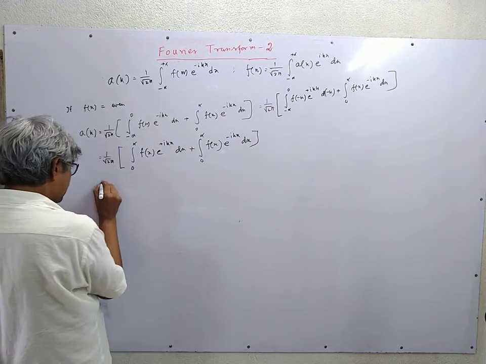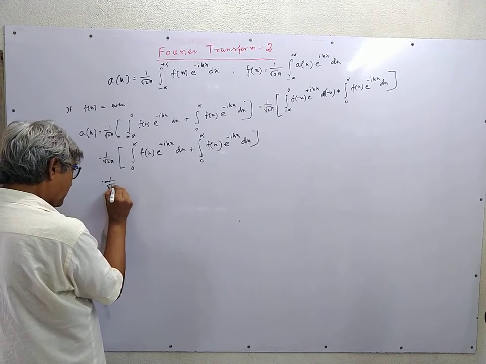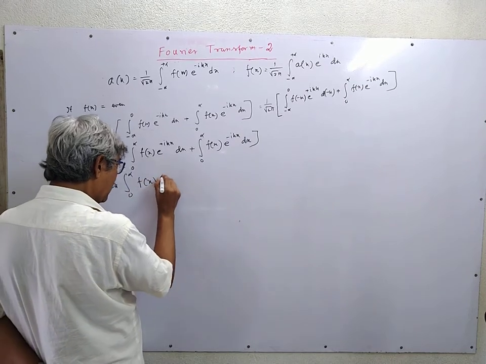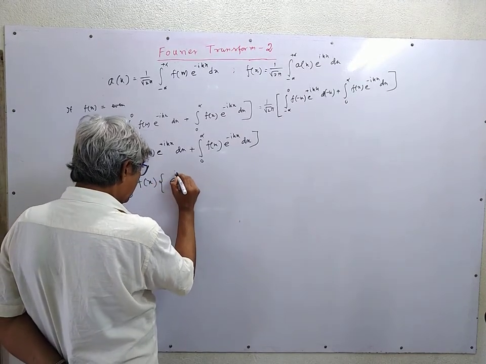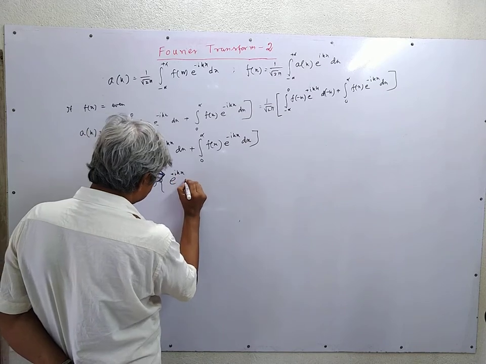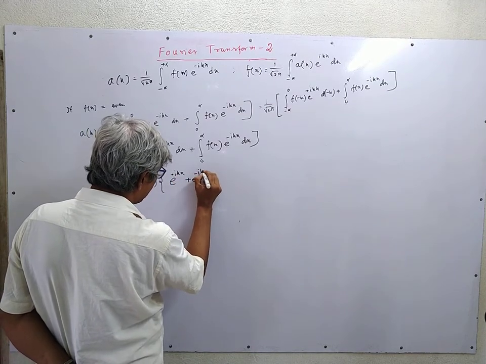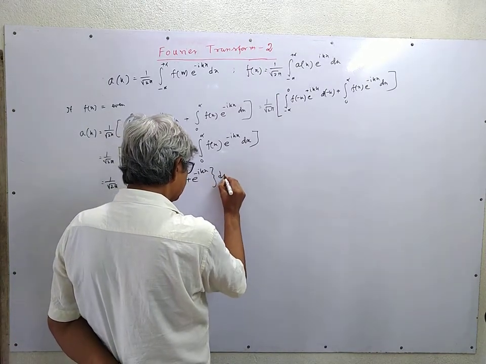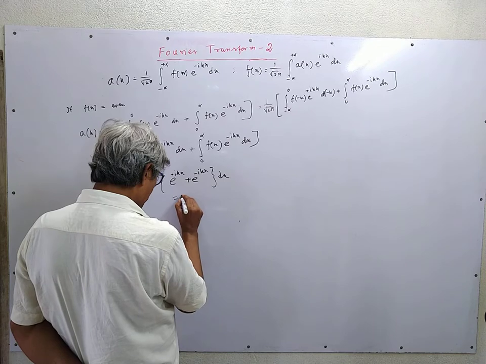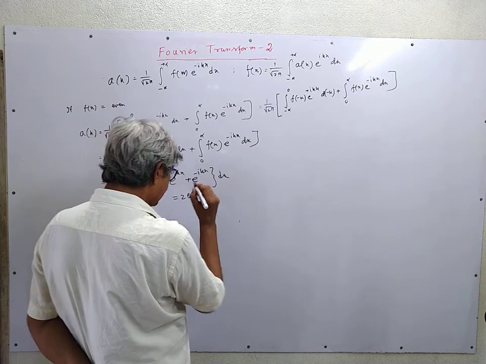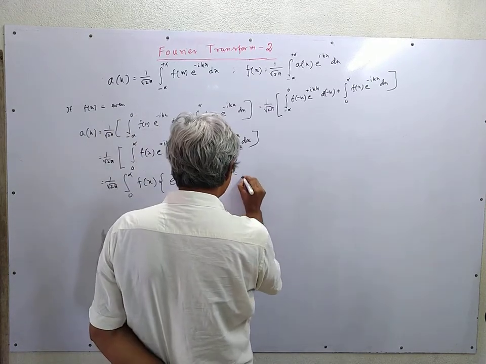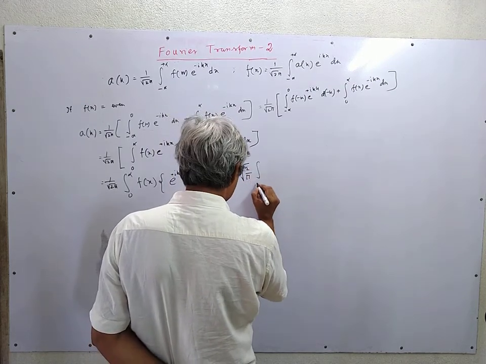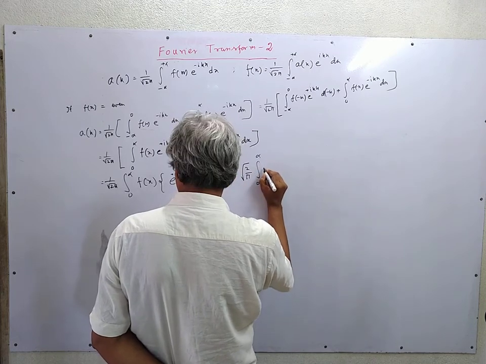So the integration is basically e to the power plus i k x plus e to the power minus i k x dx. This is equal to 2 cos kx. So the result becomes 2 by pi, 0 to infinity.